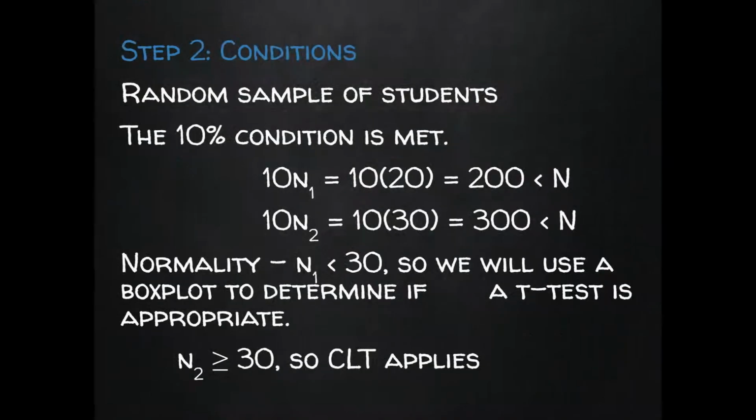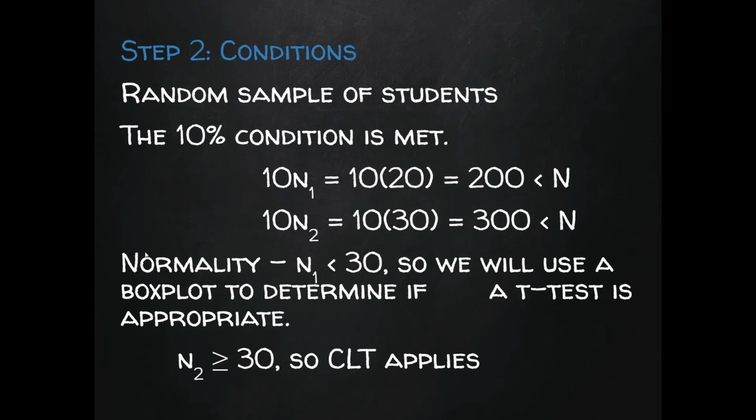Step 2, we're going to look at our conditions and our procedure. This is a 2-sample t-test for mu 1 minus mu 5. We have a random sample of students from both classes. The 10% condition is met, and I showed the work for both the 1st and 5th period classes. Sorry for the typo here, this says 2, but it should say 5.